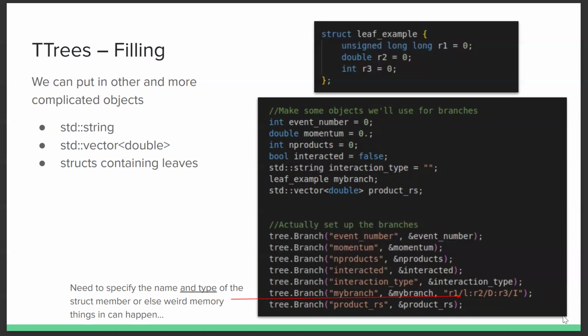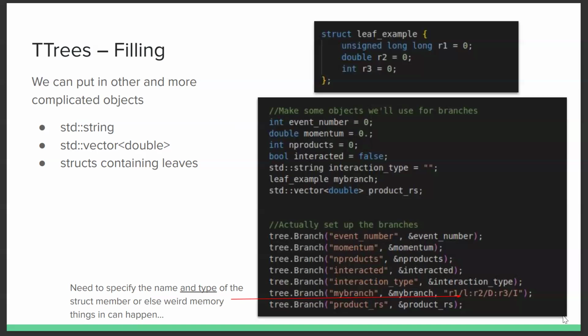For example, the names of the individual objects or the members, and then their types. So an unsigned long int, a double precision floating point, just a normal int that's specified by this character here. And it will take those and store them accordingly. So this is actually kind of useful. I haven't seen it used as much, but I might start to use this now.